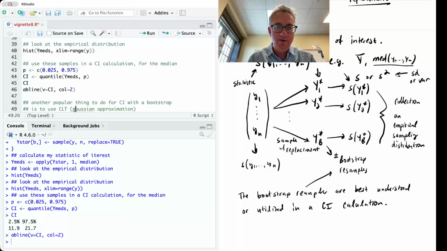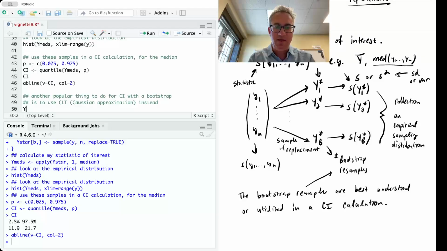Instead, take the average of your medians and then add in the Q norm, so the quantiles you get from a normal distribution for those probabilities, and multiply by the standard deviation of those values.